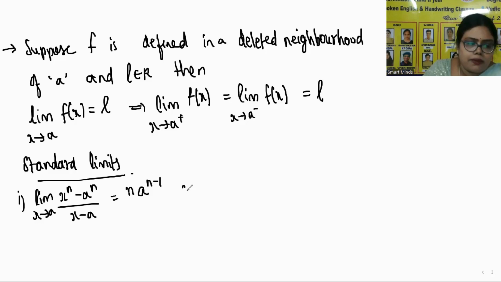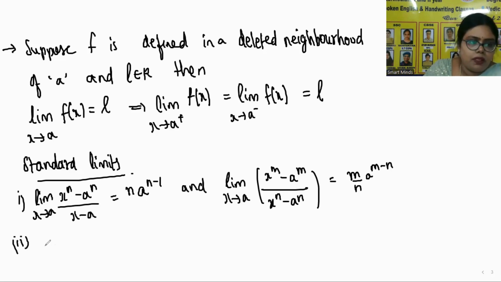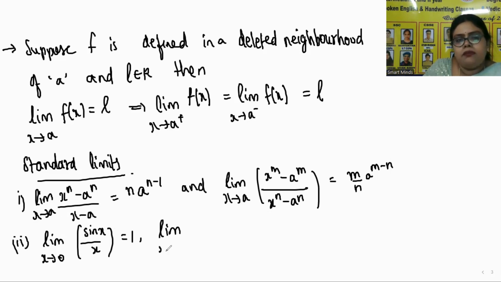And there is one more limit: limit x tends to a, x power m minus a power m by x power n minus a power n is equal to m by n a power m minus n. Next, limit x tends to 0, sin x by x is equal to 1. And limit x tends to 0, tan x by x is equal to 1.